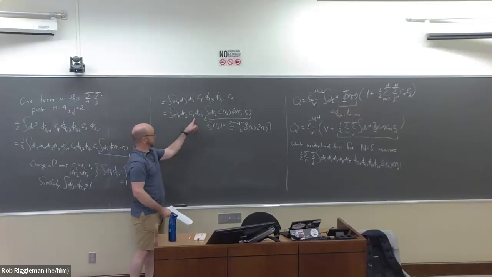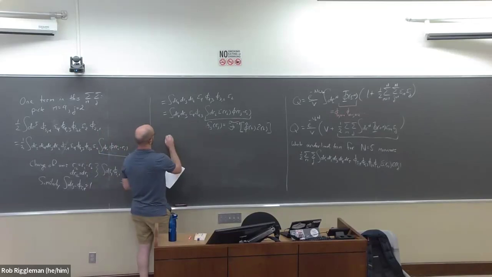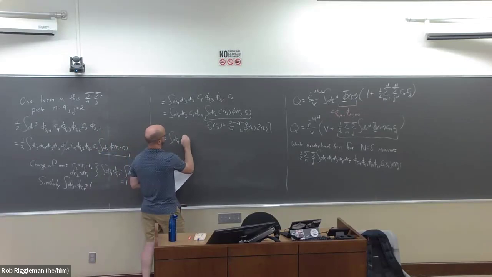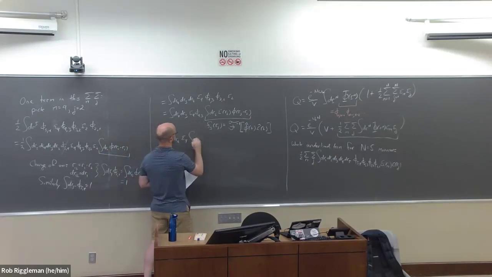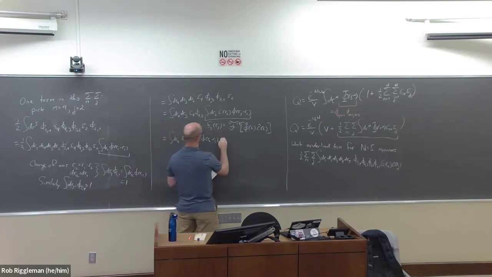And now we can play a similar game with the next term. So then we will have integral dr4 epsilon 4 integral dr3 phi of r4 minus r3. And then I'm just going to write this as f3 of r3.